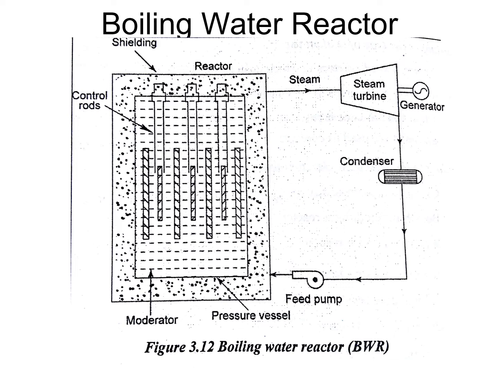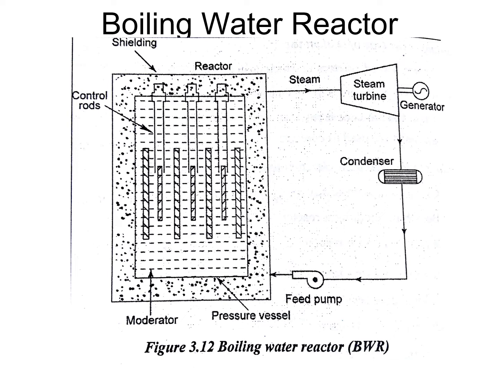The steam at the top of the pressure vessel is at a saturated condition at a pressure of 72 bar and at a temperature of 278 degrees Celsius.